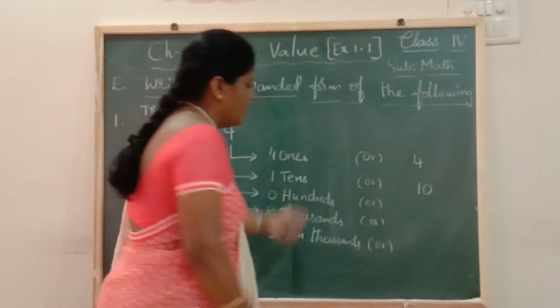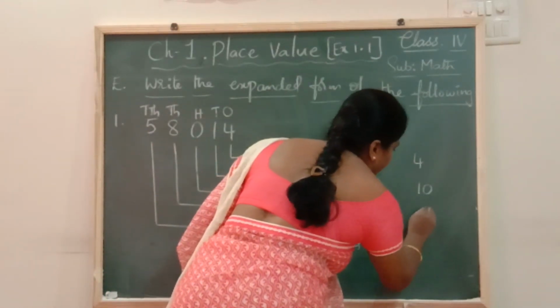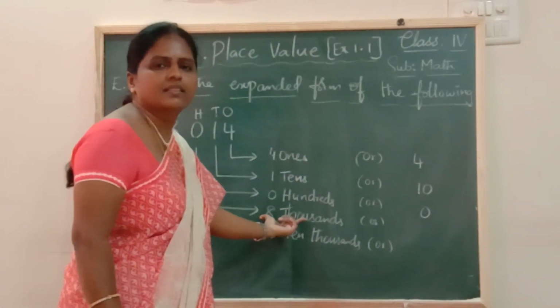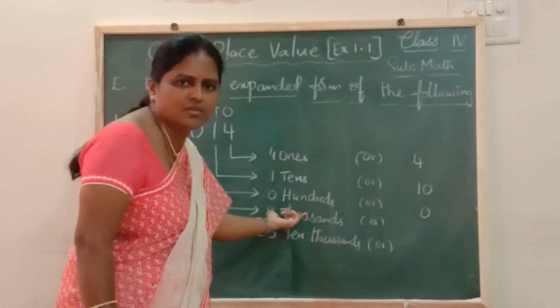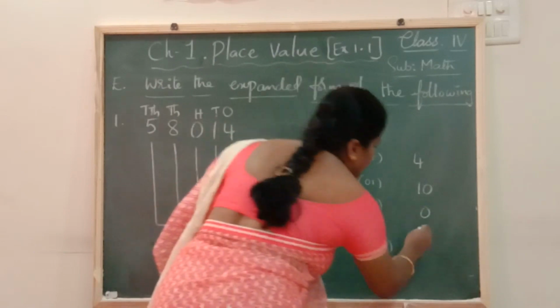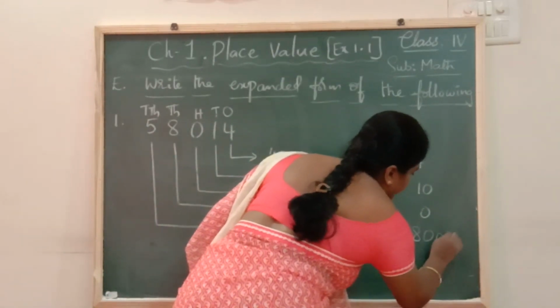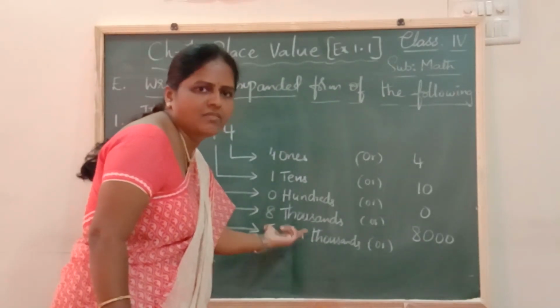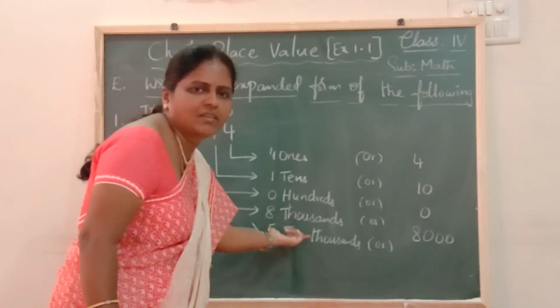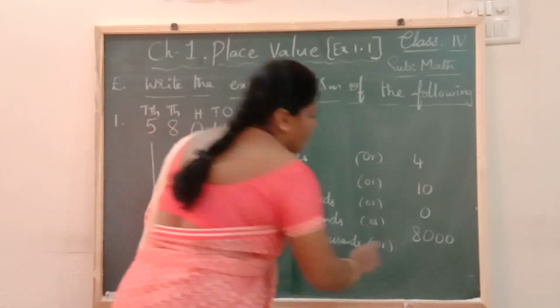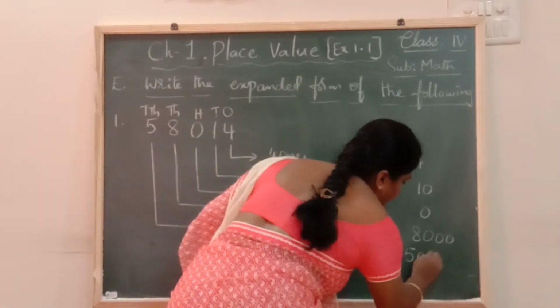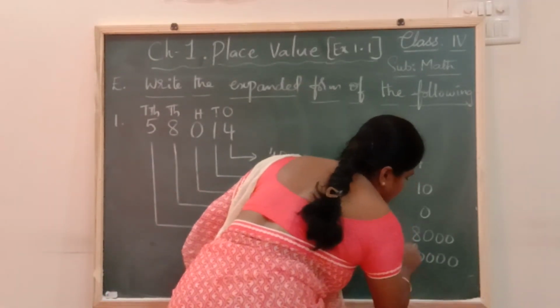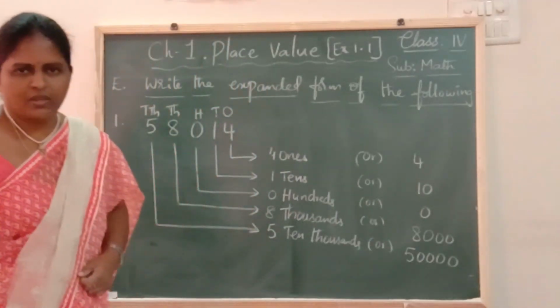Okay, children, so 0 hundreds is simply 0. 8 thousands, 8 into 1000, 8,000. Finally, 5 10,000s. 5 into 10,000, 5 10,000s are 50,000.